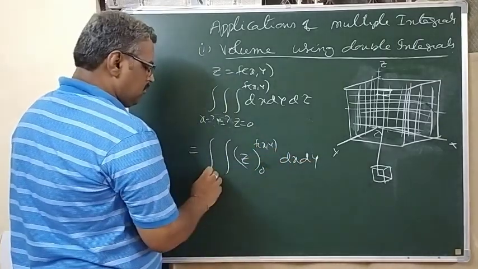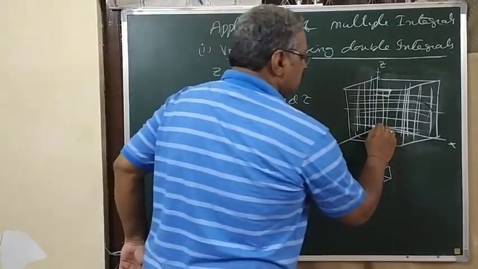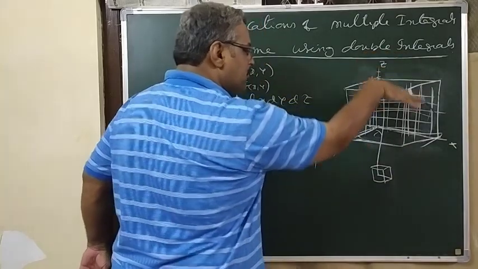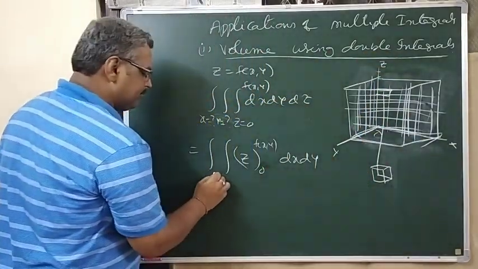So now this double integral is nothing but over the projection of the cube on the xy plane.